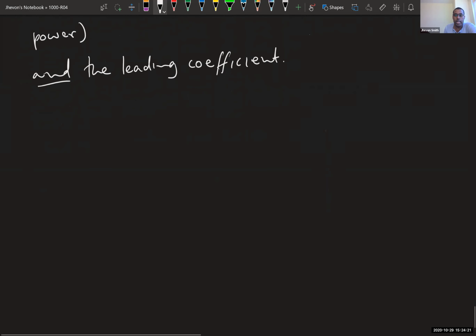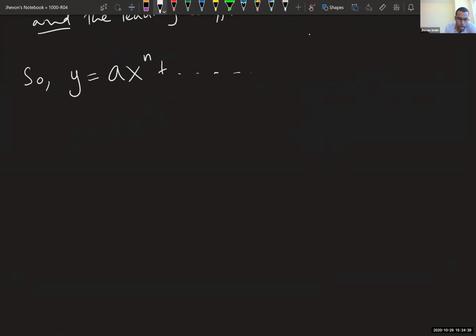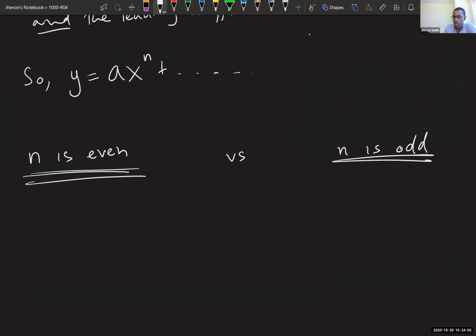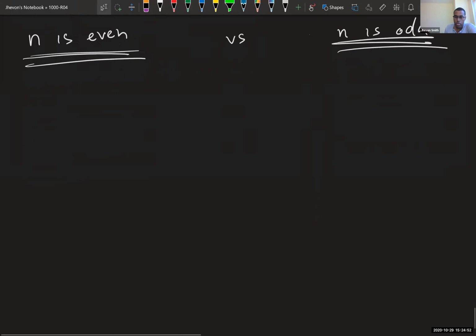And things kind of break down into whether the highest power, so let's say your y is ax to the n plus a bunch of other stuff, right? And this is the highest power. It breaks into two parts based on whether your n is even versus whether your n is odd. So let's look at these two separately.